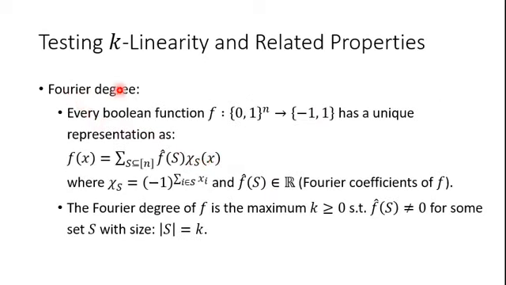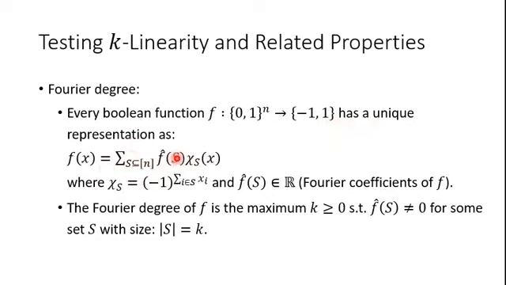So next we have the Fourier degree. Before I go into the definitions for Fourier degree, I'll just mention that the domain here is slightly different to what we've seen in class. We had a mapping in class from 0 to 1 and from 1 to -1. So I've left the domain as the authors left it, and that means that we are looking at this chi_S instead of what we've seen in class. For Fourier degree, we have that every Boolean function f from {0,1}^n to {-1,1} has a unique representation as follows.